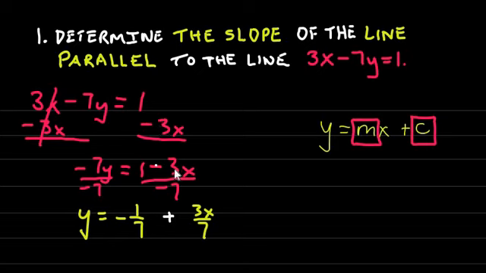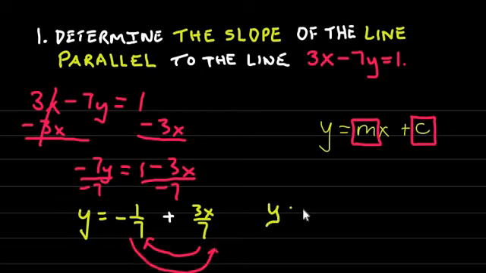In other words, negative 3x divided by negative 7 will give us a positive, because negative into negative will give us positive. Now we want to have the x term first, as in the case of the slope-intercept form. And so we will write the positive 3x over 7 at the beginning and the negative 1 over 7 at the end.